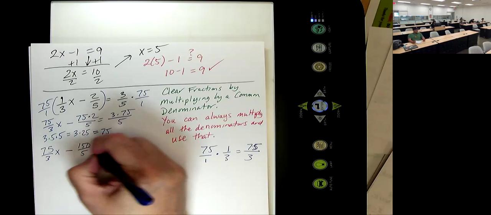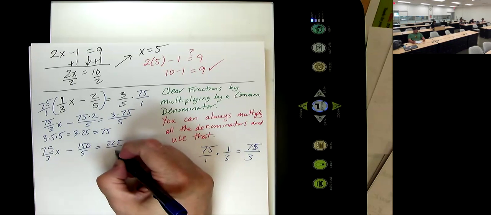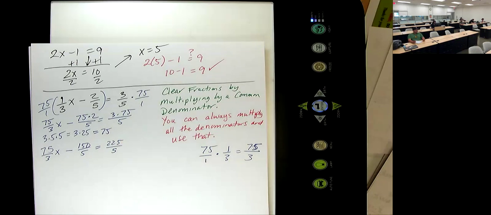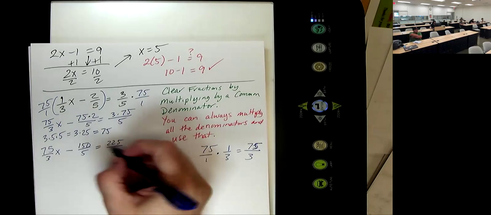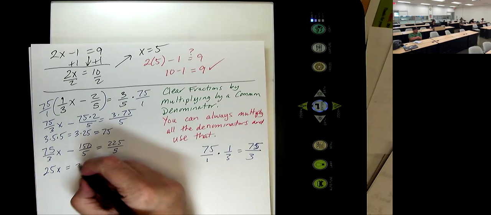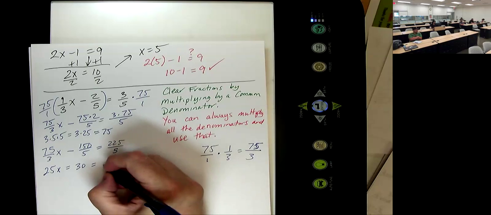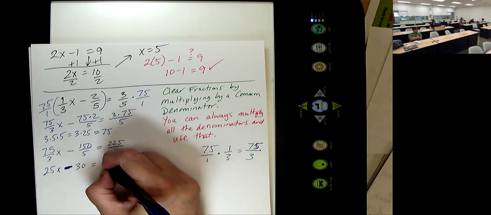That's 150/5, and this is 225/5. When you do this division, you get 25x minus 30, oops, that's a minus there, not an equal sign, equals 45.